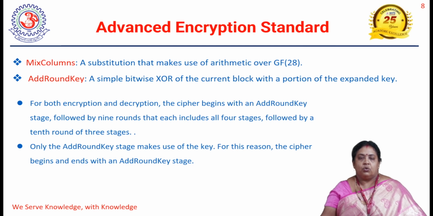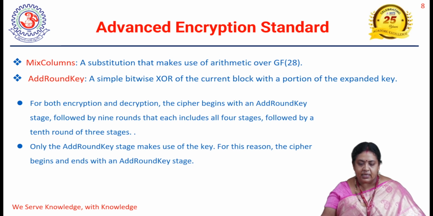So what happens in each round? In each round, we have 4 transformations, or 4 stages. The first stage is substitute bytes, the second stage is shift rows, the third stage is mix columns, and the fourth stage is add round key. In round 0, that is the pre-round transformation, only the add round key stage is available.